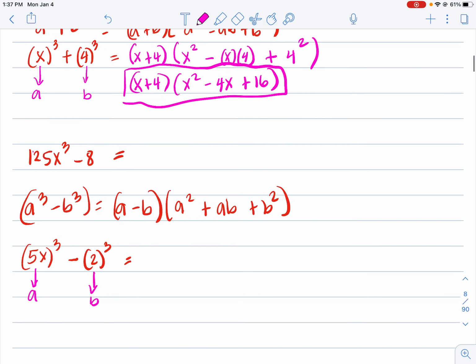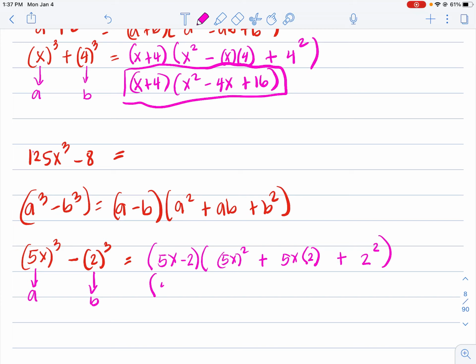So let's start doing that. I'll start with 5x minus 2. Please take note of the formula. Then I have a 5x, and of course, I'm going to square that, plus 5x times 2, plus 2 squared.